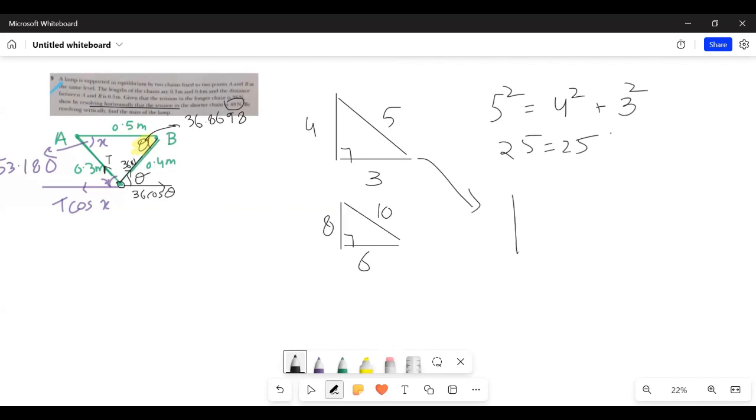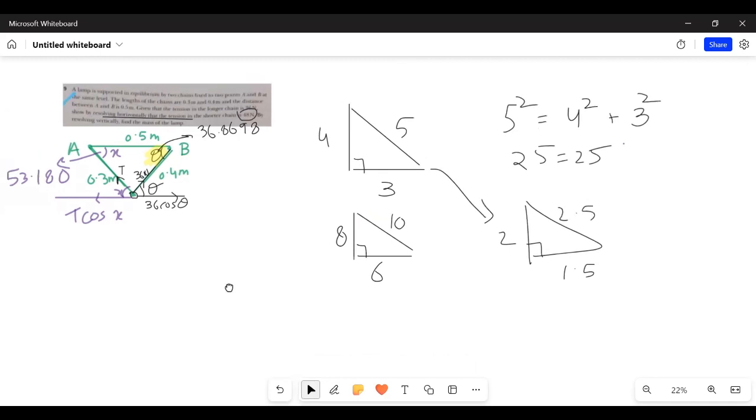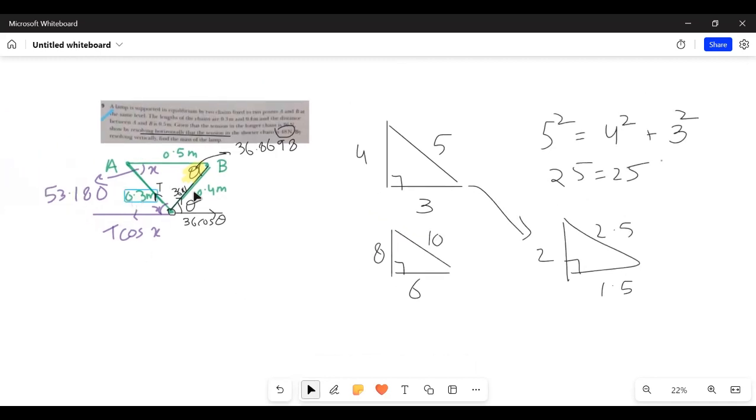Similarly, if I divide each side with 2, I get 2.5, 2, and 1.5. It's still a right angle triangle. Because if you apply Pythagoras theorem on it, you will get left hand side equals right hand side. So the given triangle dimensions also show us that this is a right angle triangle because this is 0.3, this is 0.4, and that's 0.5.